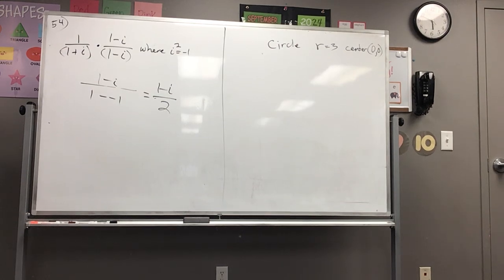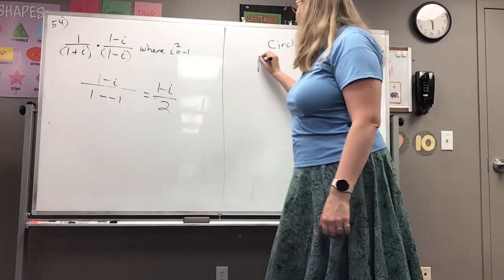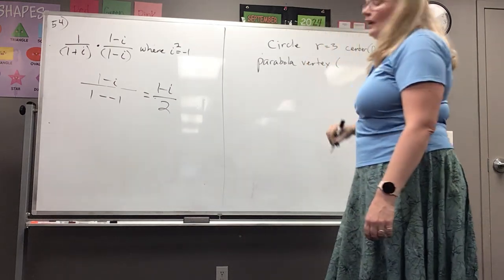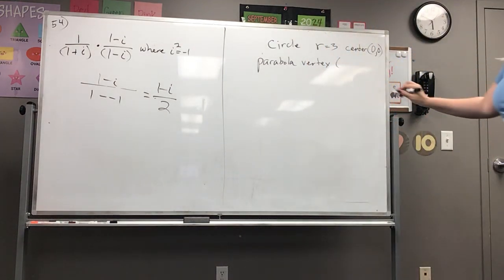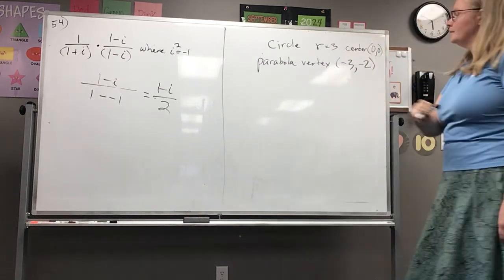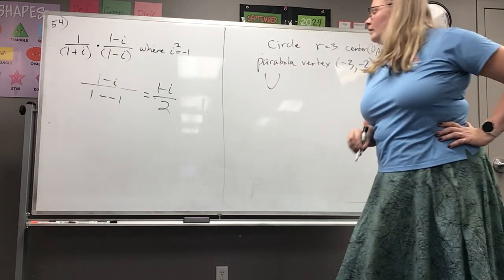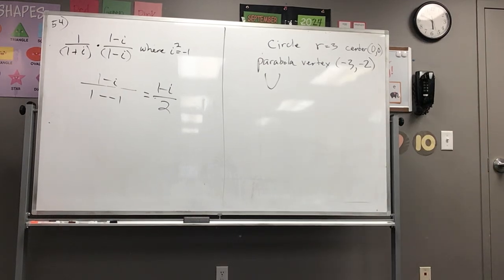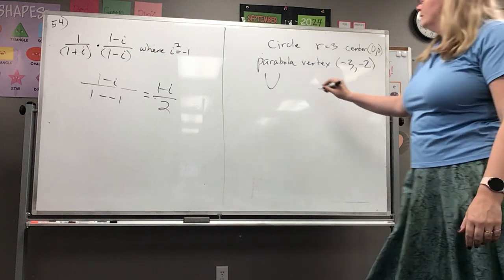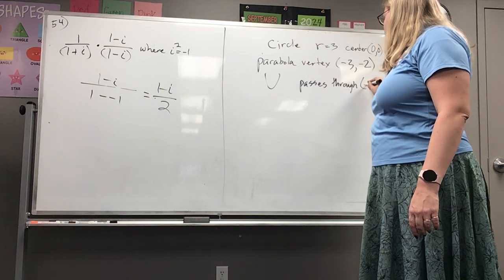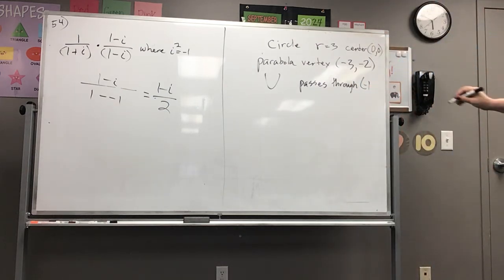But a parabola has a vertex at -3, -2. And it has a vertical axis of symmetry, so that just means it looks like that. And it passes through -2, -1.